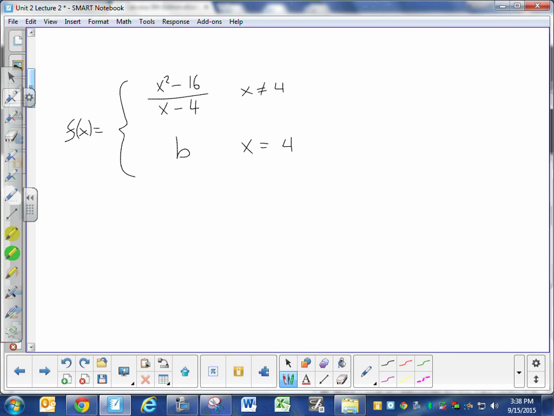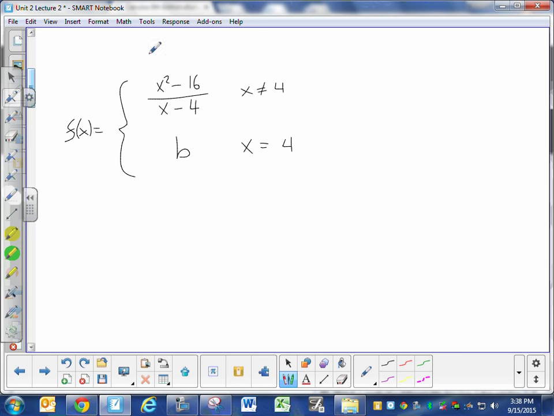Here is a situation where we are defined everywhere for one function and then just for one point at another one. So I have x squared minus 16 everywhere except for when x is equal to 4. And then when x is equal to 4, I'm going to use b. So the goal is I need to find what b is.